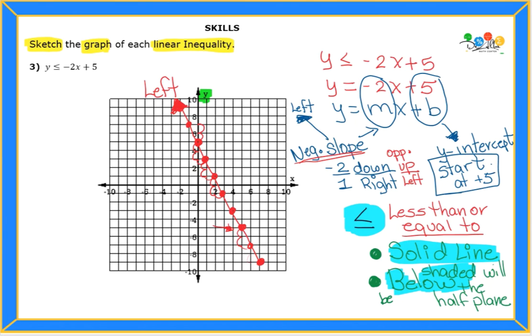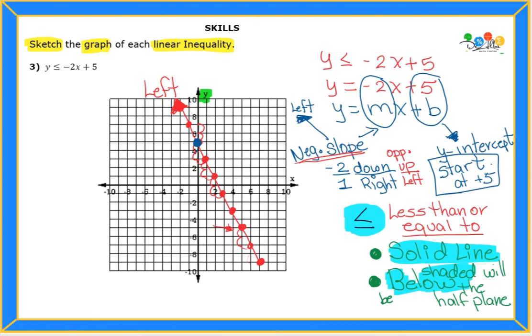Well, I need for you to go back and find the y-intercept. And my y-intercept is a positive 5, which is right here. Is that right? Okay. So it says that I need to look for the numbers that are below positive 5. So below positive 5 it will be positive 4, positive 3, positive 2.